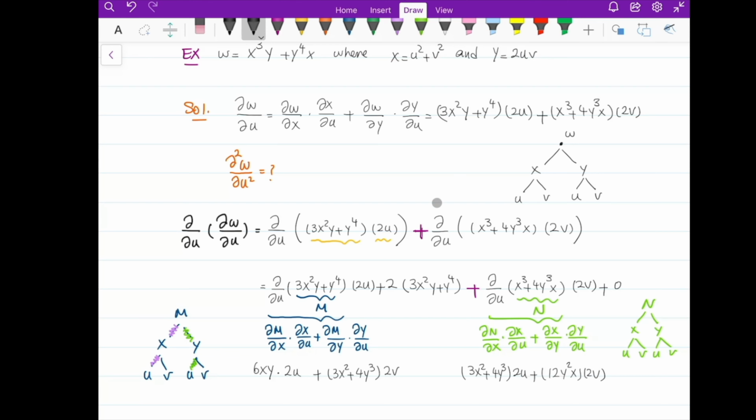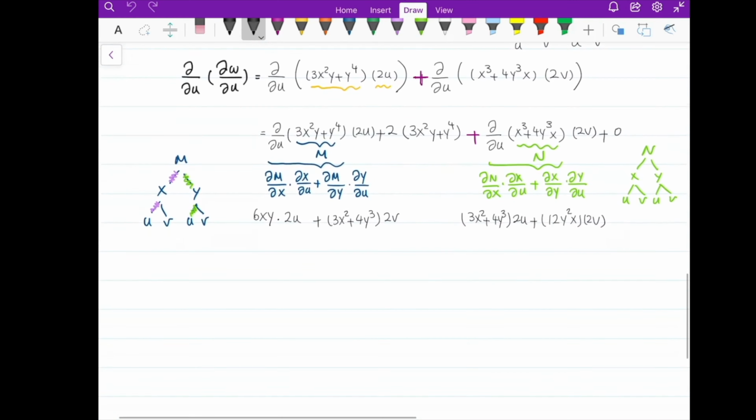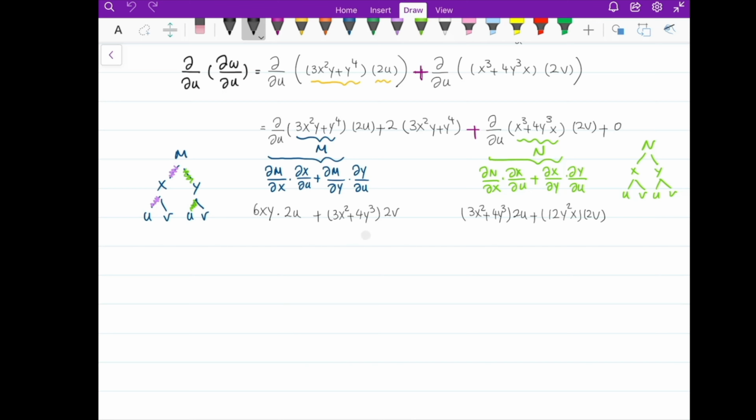Very good. I have all the terms that I need for calculating the second derivatives. Now I can just rewrite everything that I have. So the second partial derivative of w with respect to u is just these big terms in here, which would be 6xy 2u plus 3x squared plus 4y cubed 2v. This parenthesis times 2u. I didn't simplify anything.